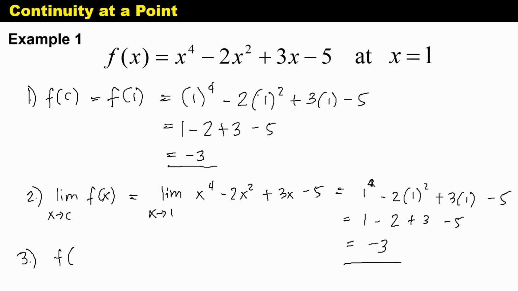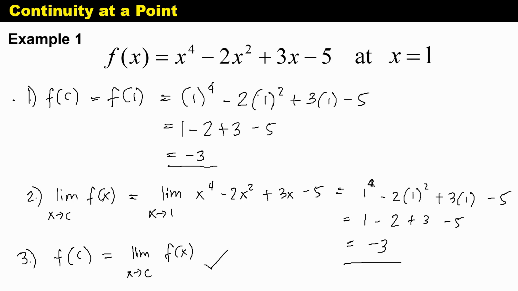That is, if your f of c is equal to the limit of your f of x as x approaches c. Now, the value of our f of c is negative 3. Then the value of our limit of f of x as x approaches c is also negative 3. Therefore, this function satisfies our third condition. What we have discussed earlier is the graph of the function is continuous if it satisfies the three conditions given.